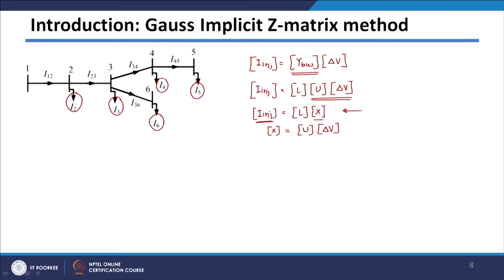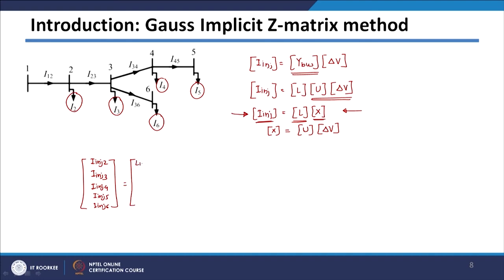Then by solving this we can get X, and it is easy because now this is only a lower triangular matrix. So in this case, I injected at bus 2, bus 3, bus 4, bus 5, bus 6 will be equal to your lower triangular matrix. I am considering this matrix here.